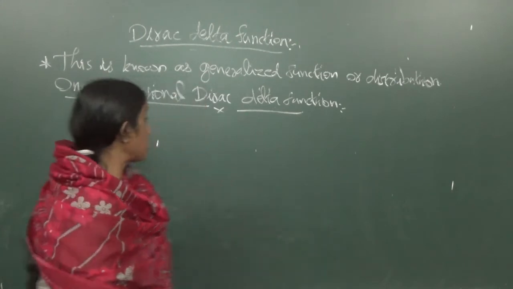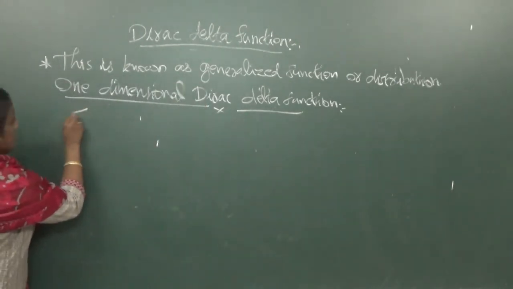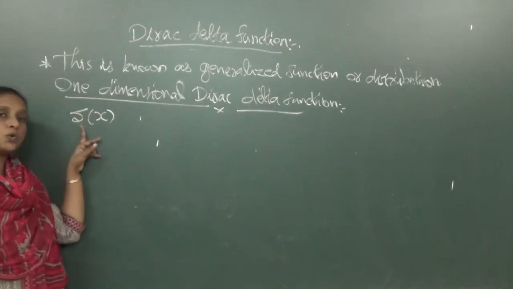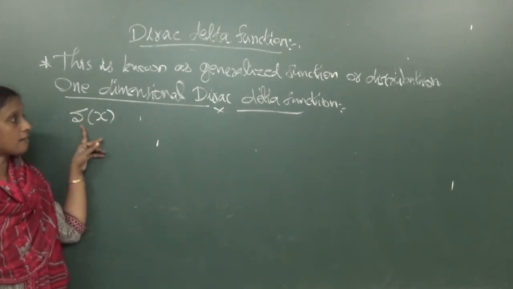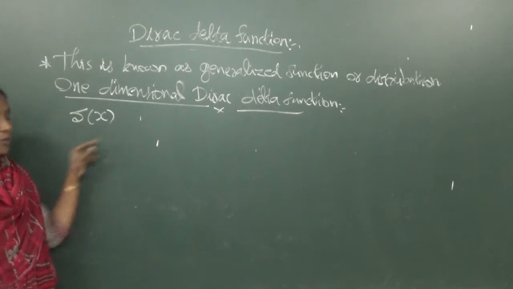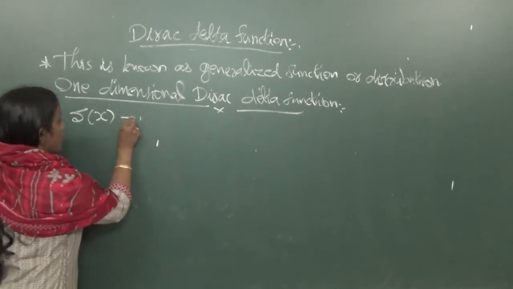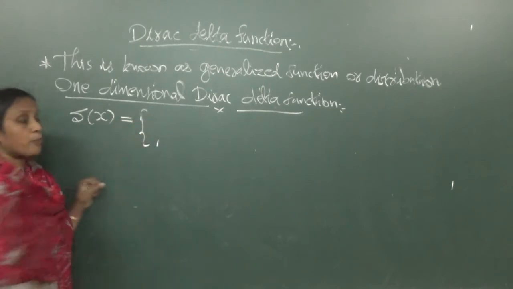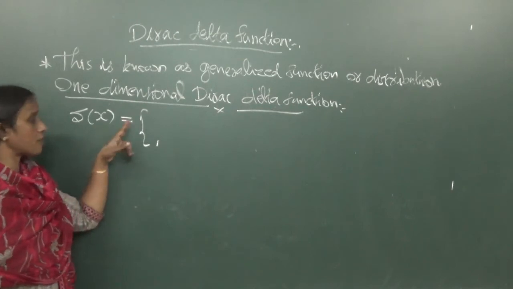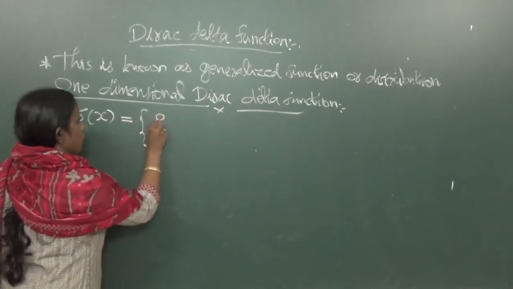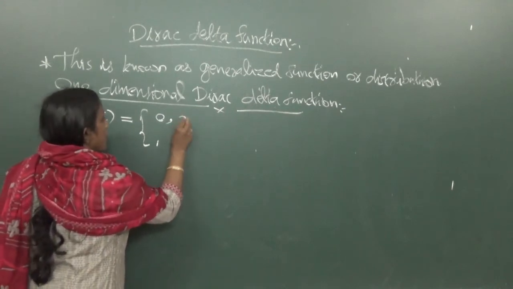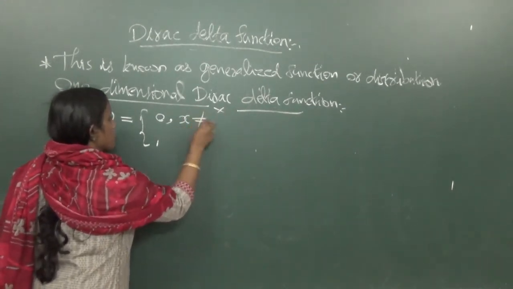Okay, and the notation used is delta of x. This notation is used to represent the Dirac delta function. The properties of the function are written inside this curly bracket. Delta of x equal to 0 for x not equal to 0.